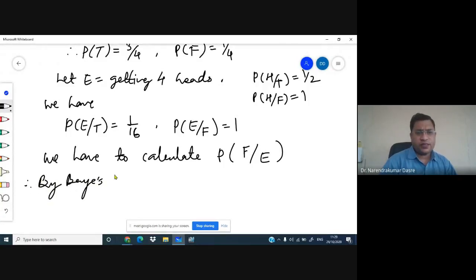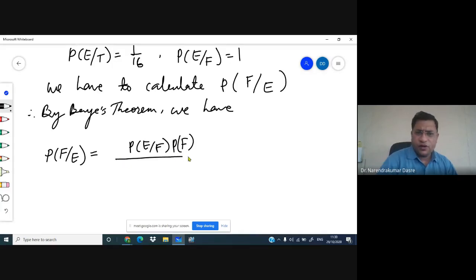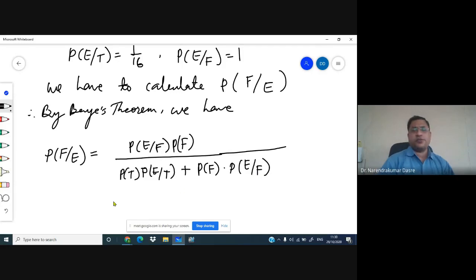So by Bayes theorem, the probability that the false coin was used when we get 4 heads is equal to the probability of getting 4 heads when the false coin was used times the probability of the false coin, divided by the probability that the true coin was used times the probability that 4 heads were obtained using the true coin, plus the probability of the false coin times the probability that 4 heads were obtained using the false coin.